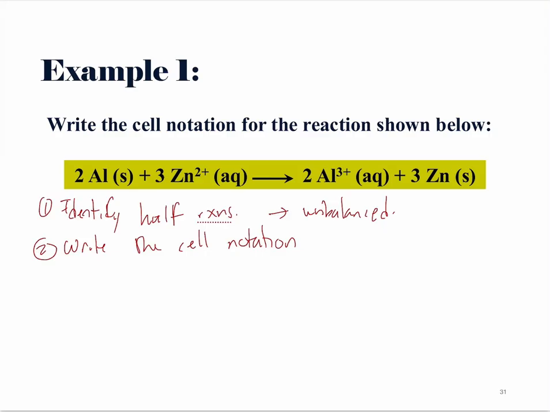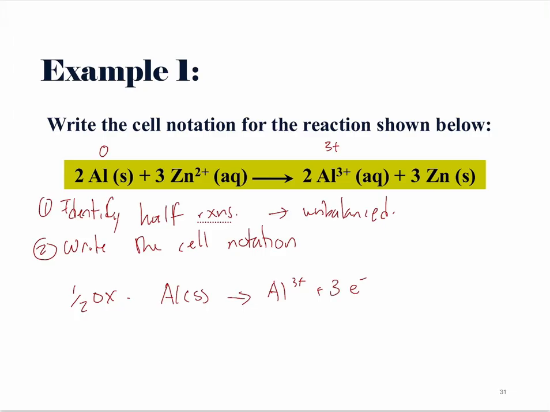What is the oxidation half reaction here? What's being oxidized? Aluminum, right? Because we start with a charge of 0 and we end with 3+, which means that we lost how many electrons? 3, right? So we go from aluminum solid to aluminum 3+ plus 3 electrons.